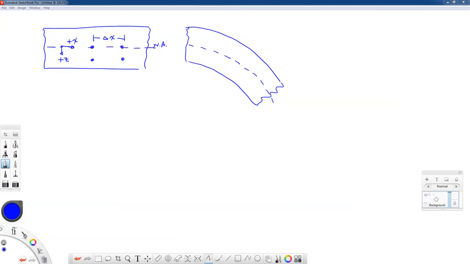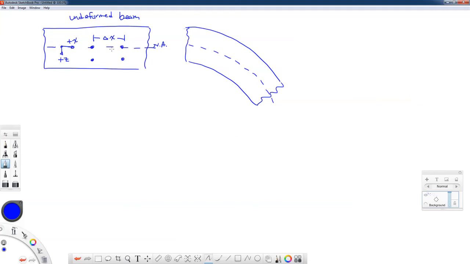And we'll look at those strains by taking a look at this sketch. So here I have a section of undeformed beam. I have a few points on here. Those are represented by those dots, and those points are initially a certain space apart, delta x apart.